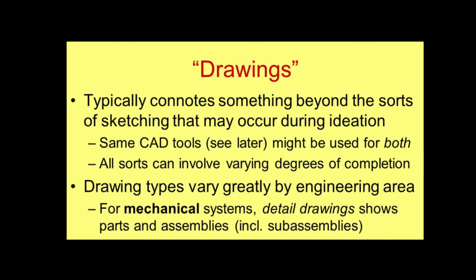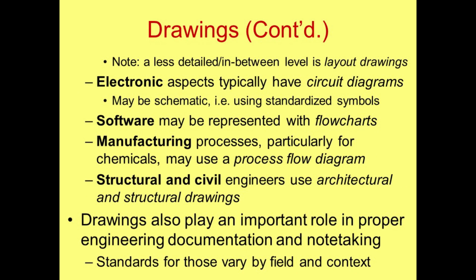For example, for mechanical designs or mechanical aspects of a design, we generally refer to the drawings as detailed drawings if they depict the parts or assemblies that will need to be made. And sometimes something short of a detailed drawing is called a layout drawing. Electronic aspects of a design typically have circuit diagrams.